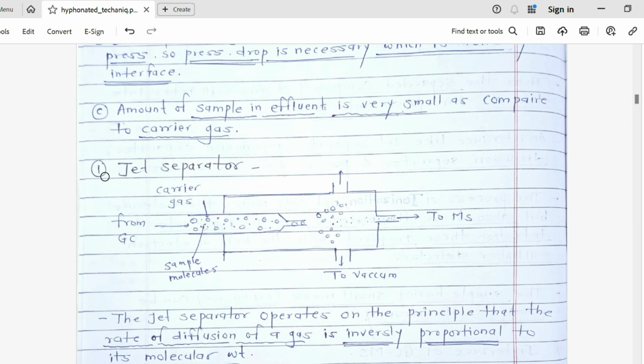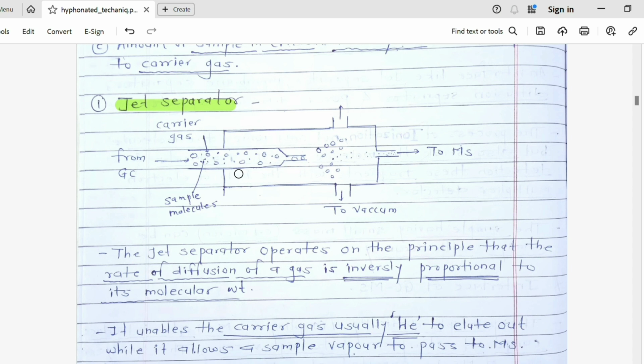Now we are going to see the first type of interface in GCMS. The first is the jet separator. This is the structure of the jet separator.